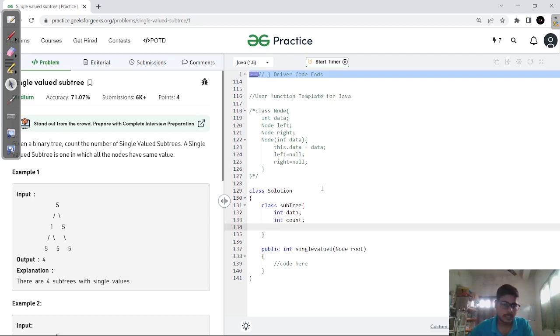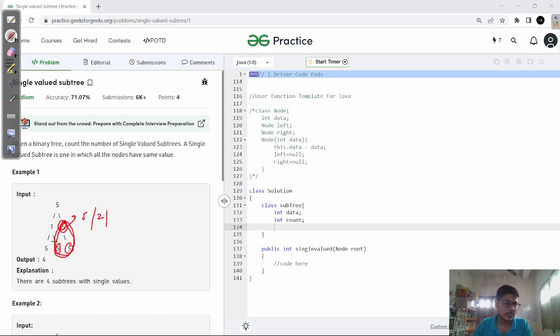So what I am telling is that each node here, suppose here, it will return its data, count till its, how many single value subtrees are there in this tree. Okay, so maybe this tree is not a single value subtree. It may be possible that this tree is not a single value subtree, but these two are single value subtrees, right? So actually this will return 2.